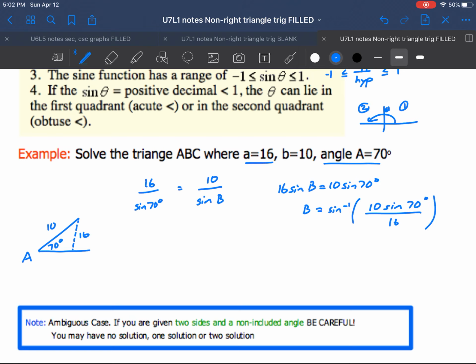So the inverse sine of 0.587308 is 35.9697. So B is 35.97 degrees. That would be this angle here.